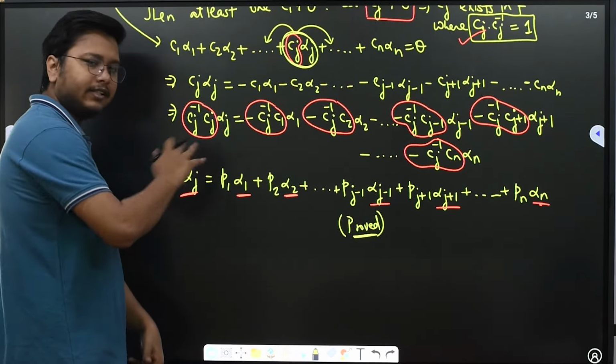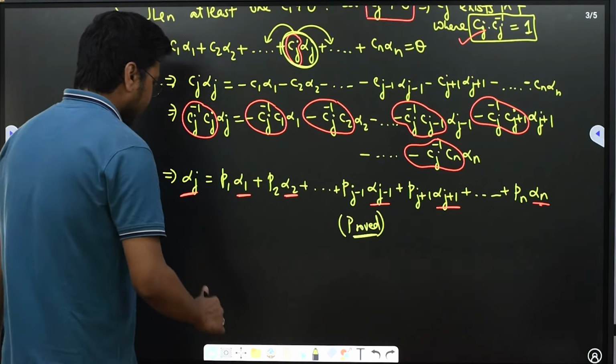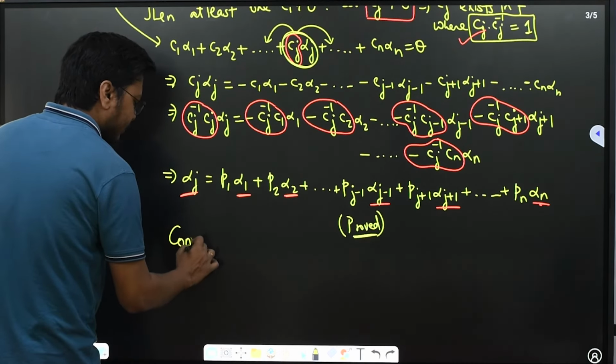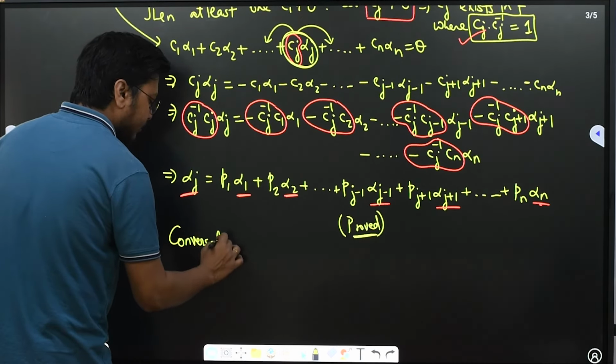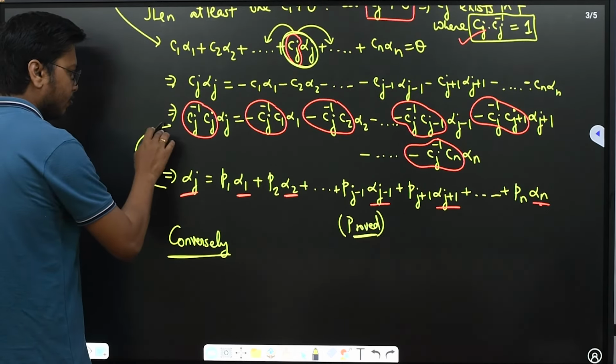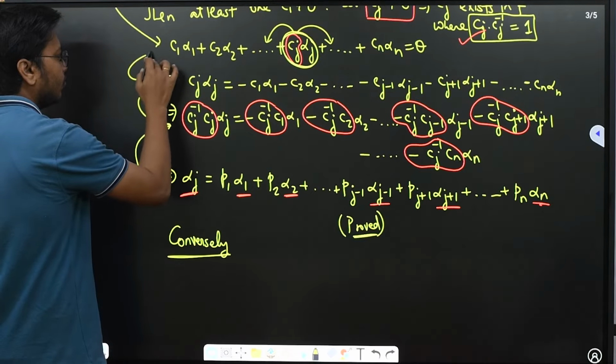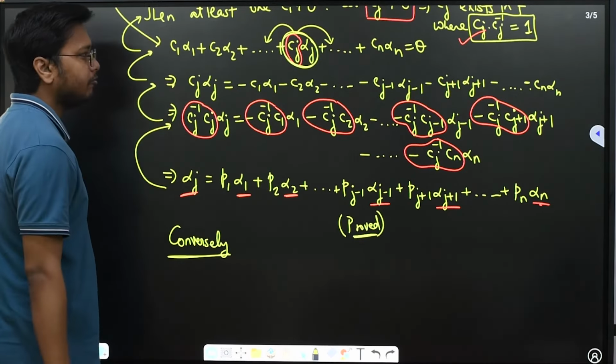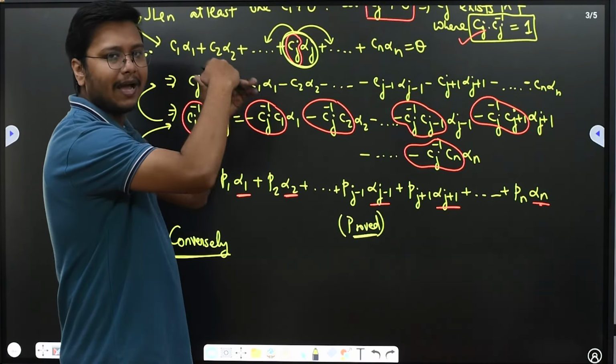So now we could have done this conversely also. I won't go into the conversely part, you can very well understand it. For the conversely part, you'll start from this line, go up to this one, go up to this one, and finally reach the first line. So it would just be a back calculation.